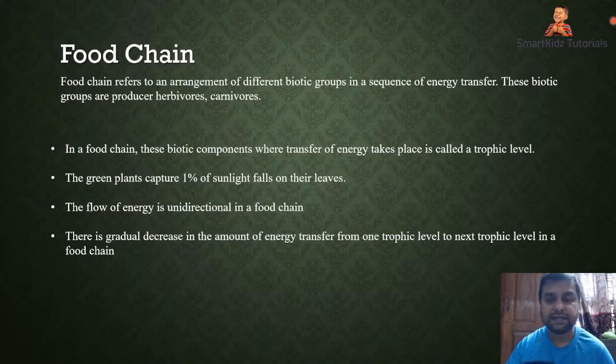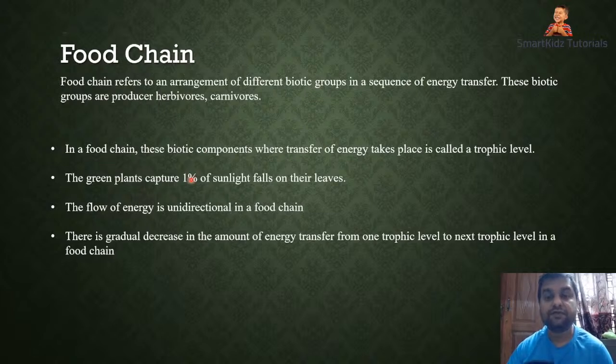That is what we refer to as a food chain. The food chain refers to an arrangement of different biotic groups, so this refers only to living individuals, in a sequence of energy transfer. These biotic groups are producers, herbivores, carnivores, okay, and would include omnivores as well.